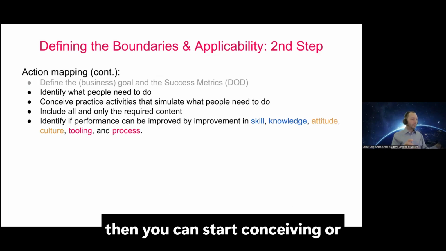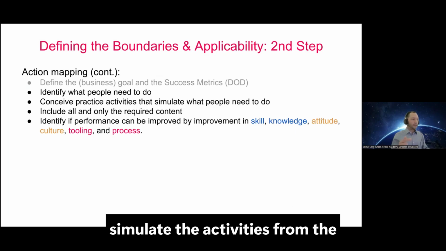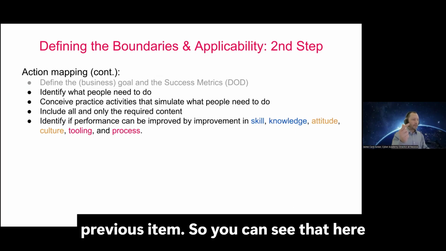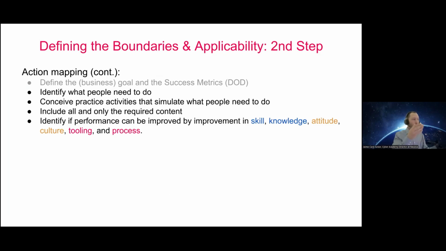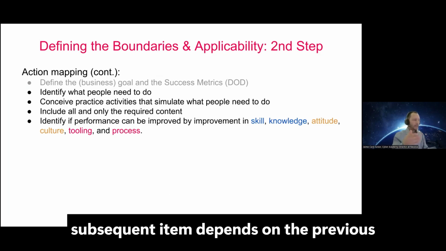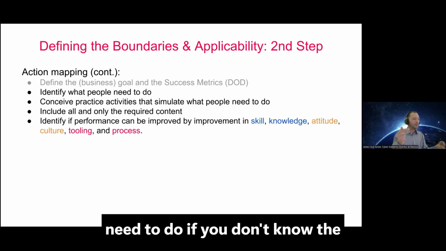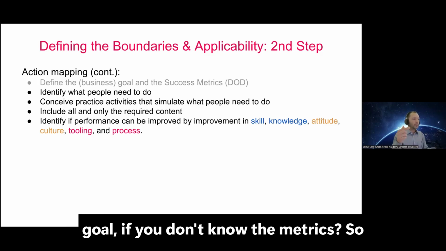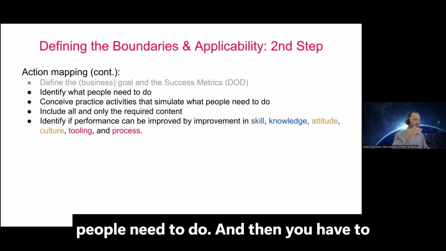Then you can start conceiving practical activities that can simulate the activities from the previous item. You can see that here the sequence matters, because every subsequent item depends on the previous one. How can you identify what people need to do if you don't know the goal, if you don't know the metrics? So you have to know the metrics to identify what people need to do.